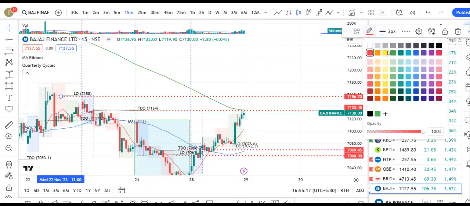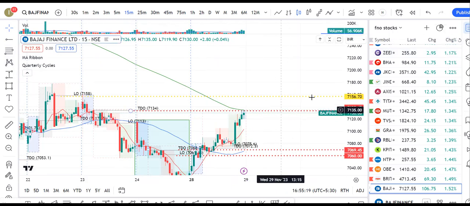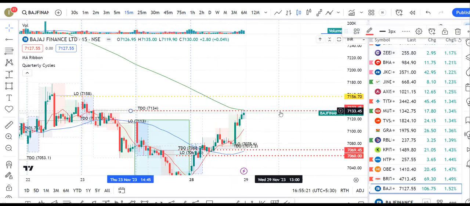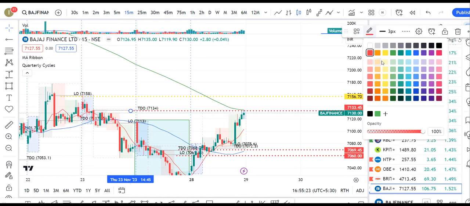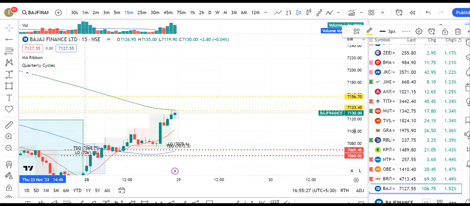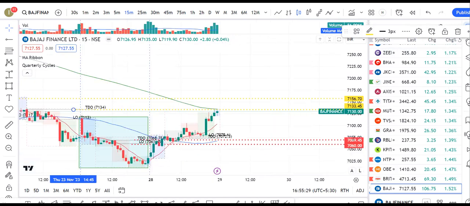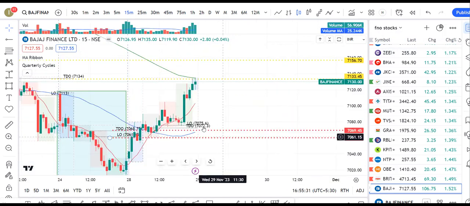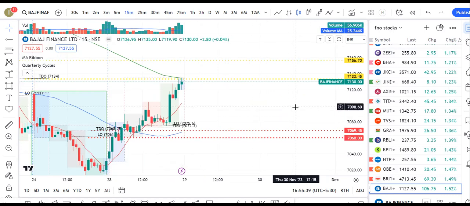Let me change the color. These are the two guidelines. And if it starts moving above that, and also retains these two levels, low 7075 and 7072, these are very important levels for the next session.